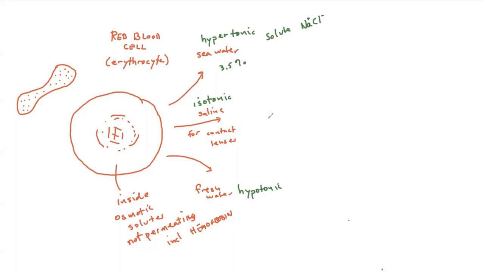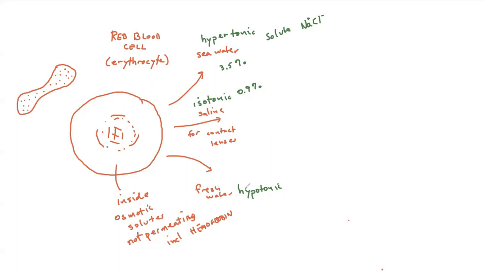Isotonic saline is at about 0.9%. In other words, 9/10 of a gram of salt in 100 grams of isotonic saline.